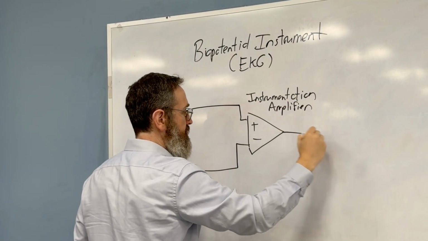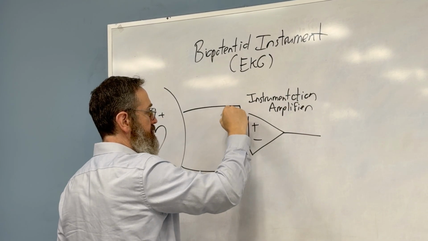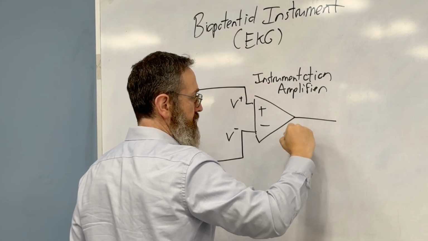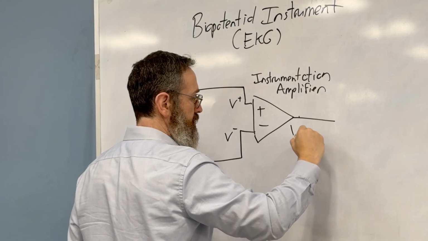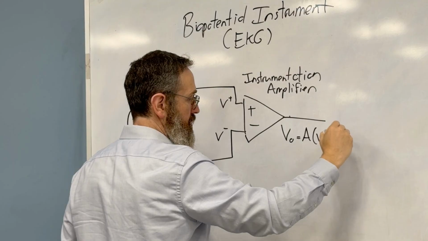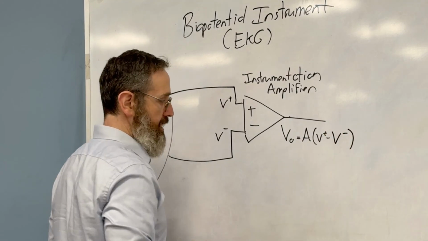So the output at this stage, if we have a V plus and a V minus, will be V out equal to some gain times V plus minus V minus.